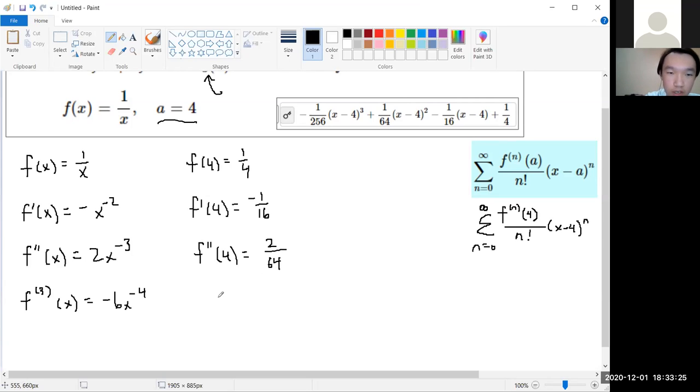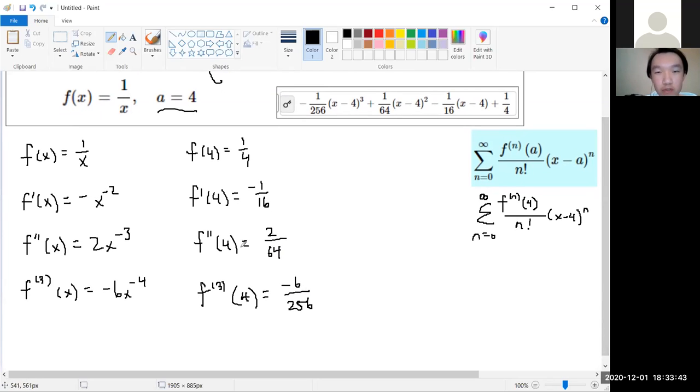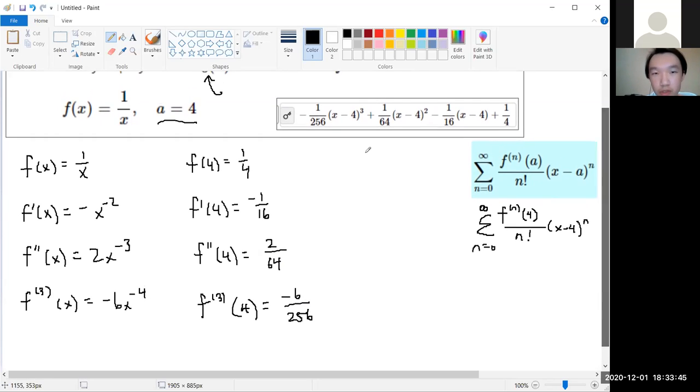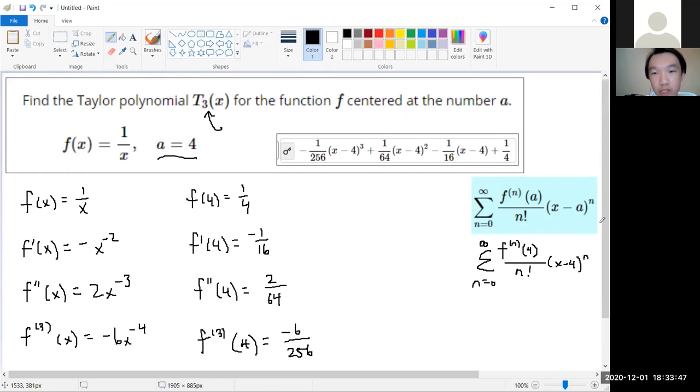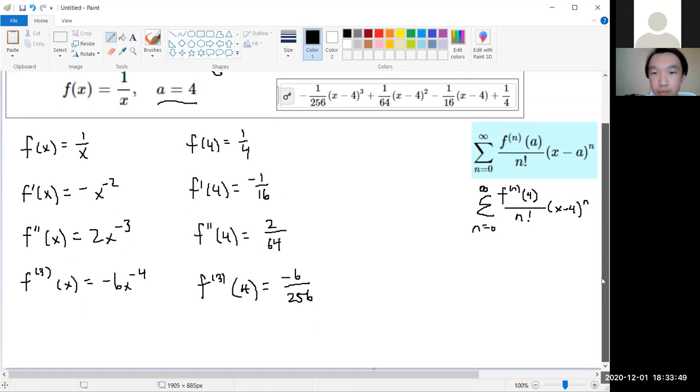Okay, and then f to the third when you plug in 4, that's negative 6 over 64 times 4 is 256. Okay, so there's all your derivatives evaluated at a equals 4. I think that should give us enough terms in the power series until we get to the third power, right?